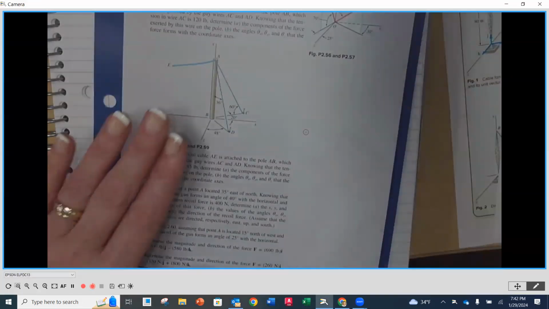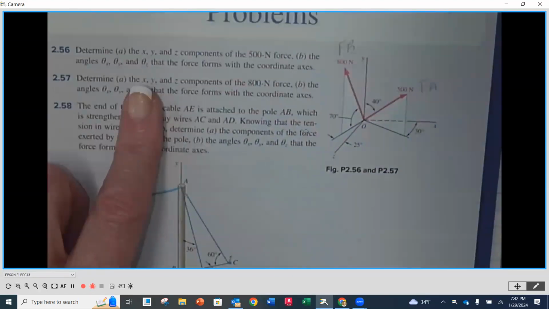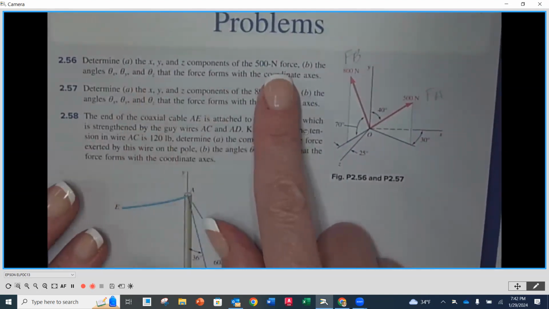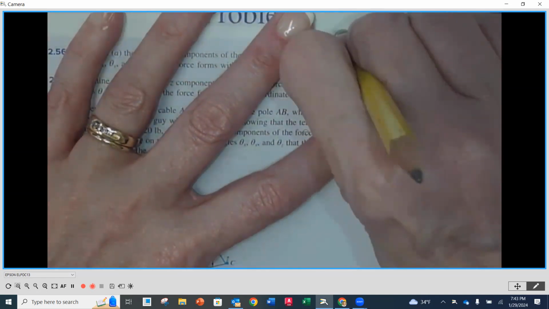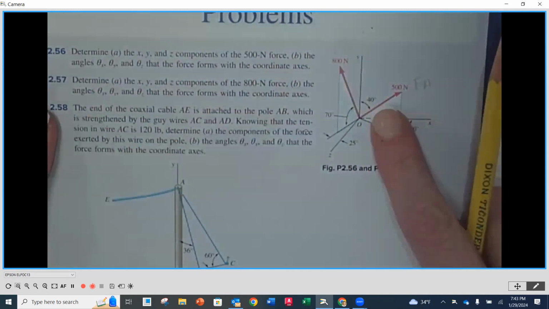So problem 2-56 is the problem you're going to be looking at here. It says determine the X, Y, and Z components of just the 500 newton force. So just this one over on the right. One force, not the two, just the one.